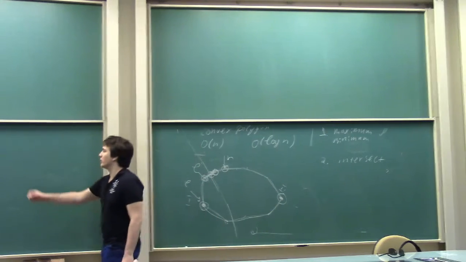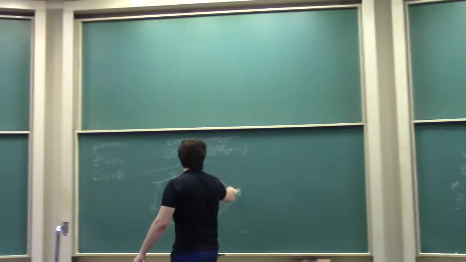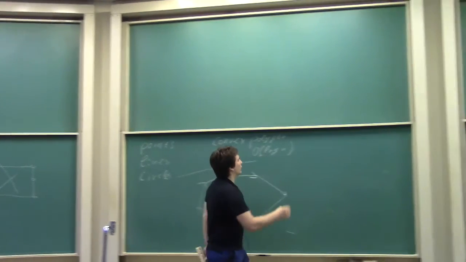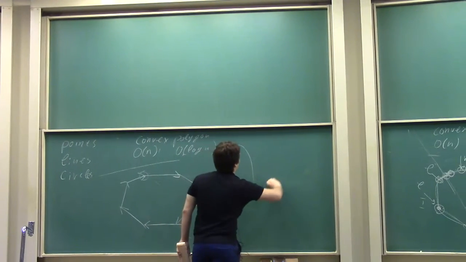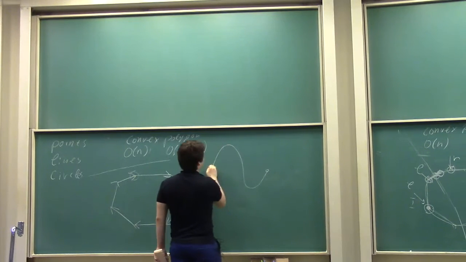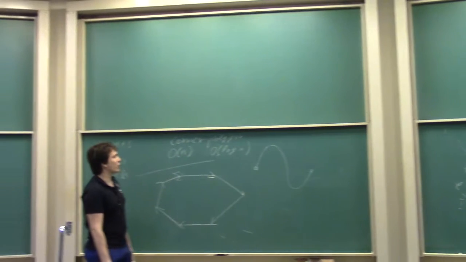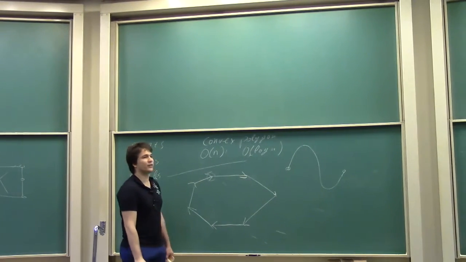Like if you traverse along the border, the function of the distance will look like the following. So you may see that it's convex to some point.